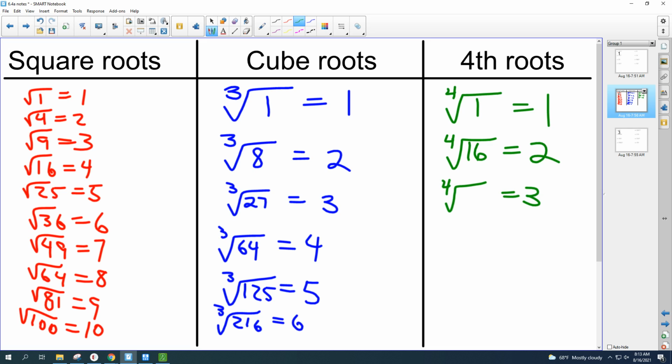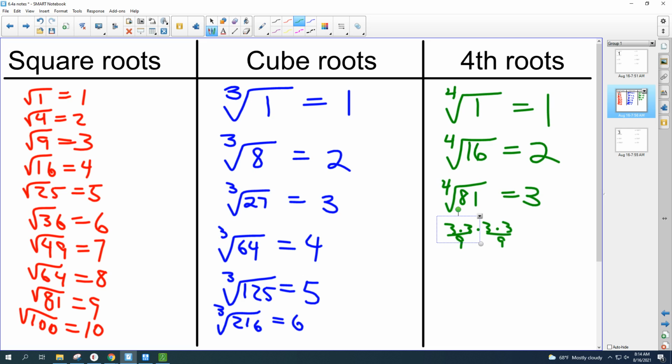So 3 times 3 is 9. 9 times 3 is 27, and 27 times 3 is 81. Another way to do it is if you think about 3 times 3 times 3 times 3. If you put these two together, that's 9, and you put these two together, that's 9. 9 times 9 is 81, okay?